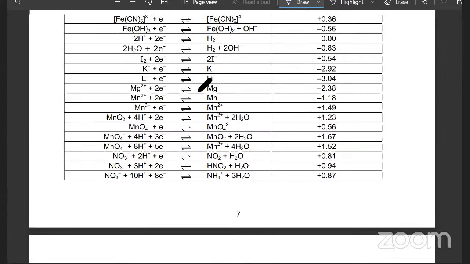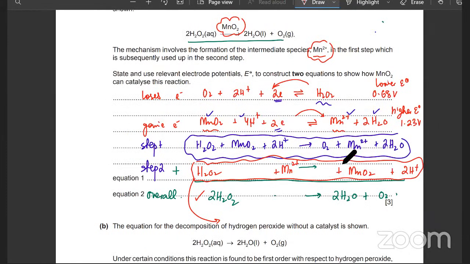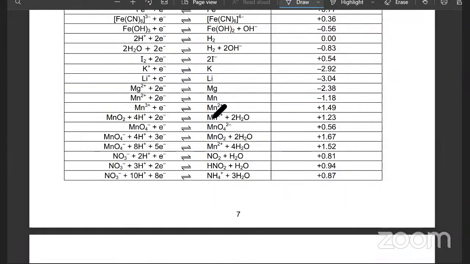And I want, sorry, if I go back to the paper, I want Mn2+ to be turning into MnO2. It's this one.